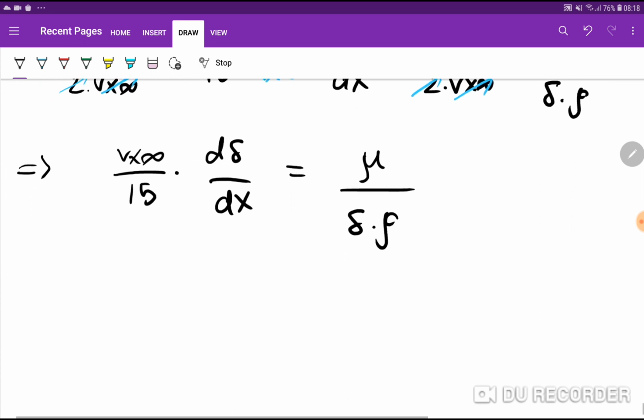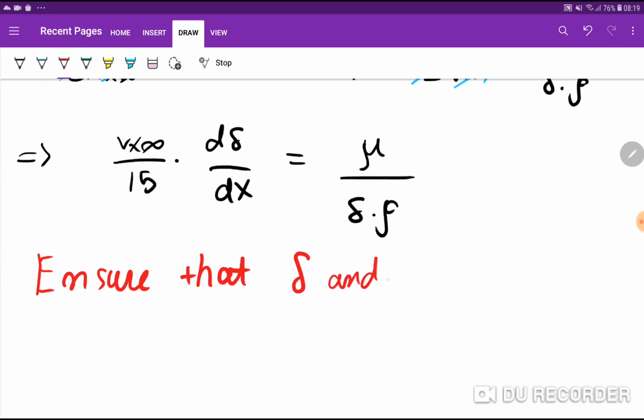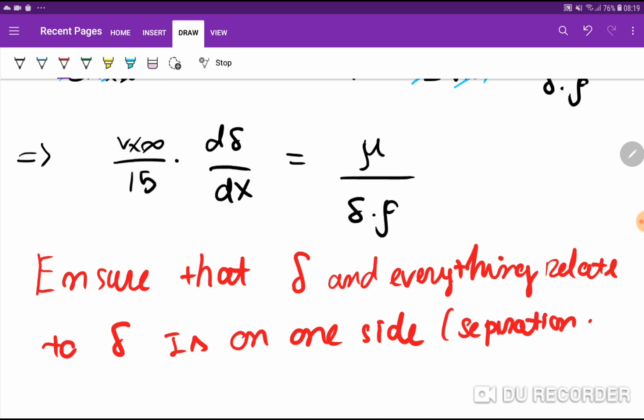Now, this is very important, I will make sure that δ and everything related to δ is on one side. This is a method you can use to solve differential equations. It's called separation of variables. So how do we do that?